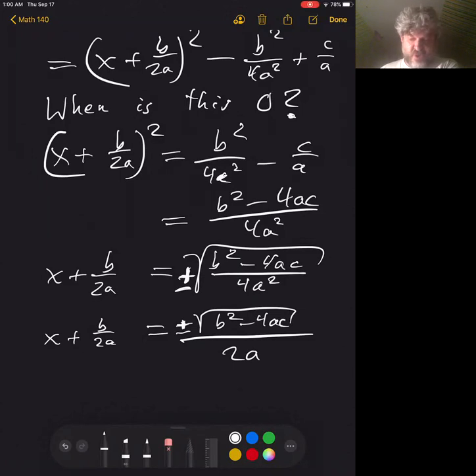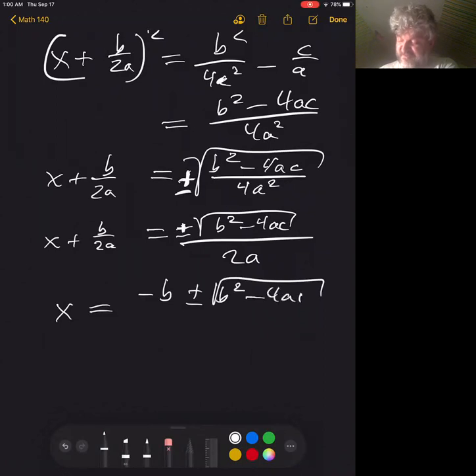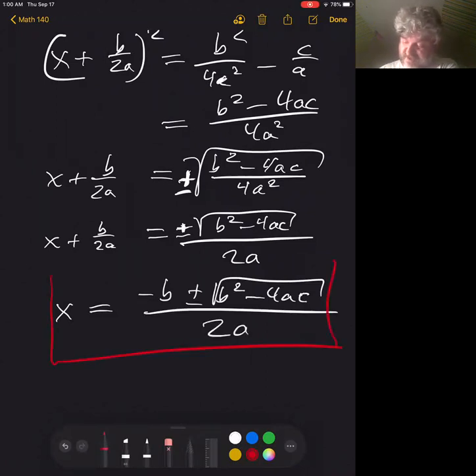So that all gets gobbled up by the plus minus. And finally, we subtract b over 2a from both sides and we get x is negative b plus minus square root of b squared minus 4ac divided by 2a.